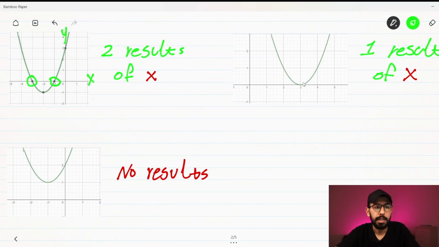When it touches or bounces over the x-axis one time, that means we have just one answer. And when it has no intersection with the x-axis, that means we have no answer for x, just y. Let's take some examples to explain.